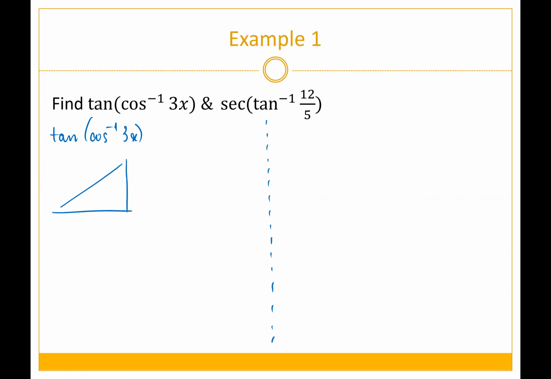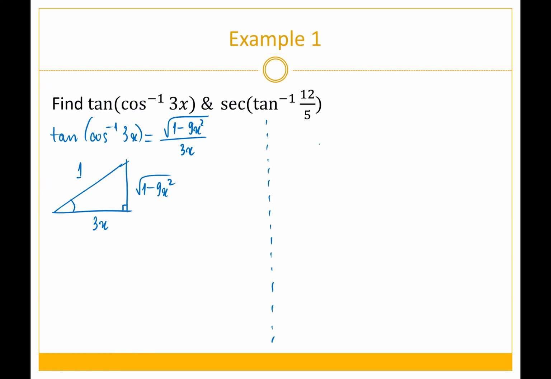So we have a right triangle. Inverse cosine is 3x, meaning if this is the angle, this is 3x, this is 1, and this is square root of 1 minus 9x squared. Therefore, tangent of that is going to be square root of 1 minus 9x squared divided by 3x.